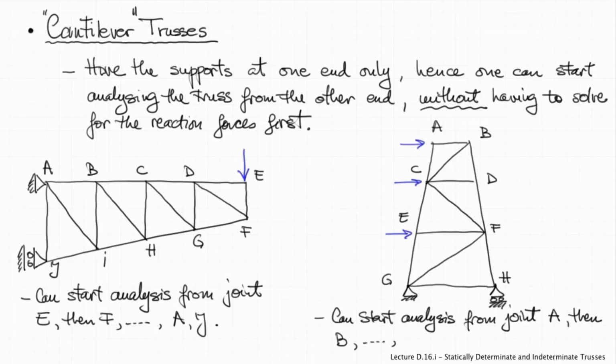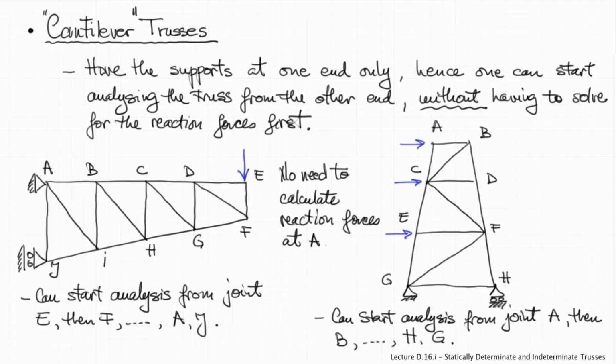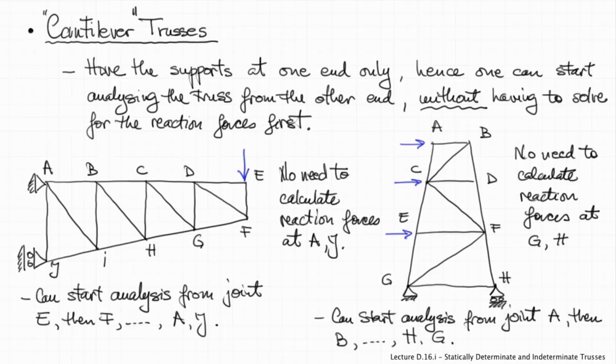We can start from the top, from joint A, then joints B and C and so forth, one by one sequentially, and the last joints to be analyzed will be H and finally G. Again, we finish solving for all the forces in the members of the truss without having to solve for the reaction forces at G, Gy, Gx, and at H, Hy.